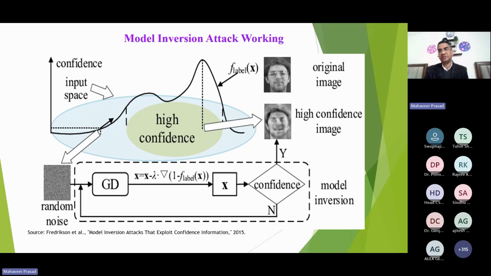So you can see here almost a similar picture has been generated. The attacker did not know anything about the internal knowledge of this model, but still he is able to generate this high confidence image.